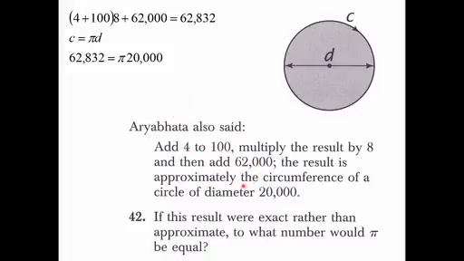So if we substitute that in and then clear the pi, in other words, divide both sides by 20,000, now it makes a little more sense. To what number would pi be equal? Well, do the math there, and we end up with 3.1416. Pretty close. Pretty close. I think the first 4 that, as we use it, is 3.1415 something.